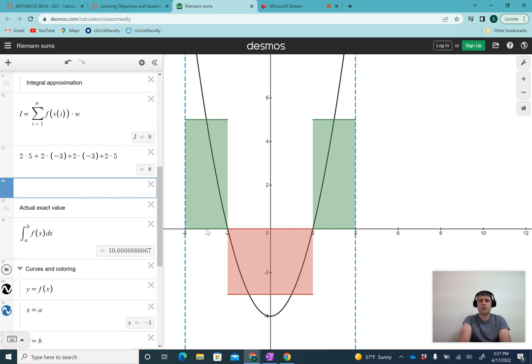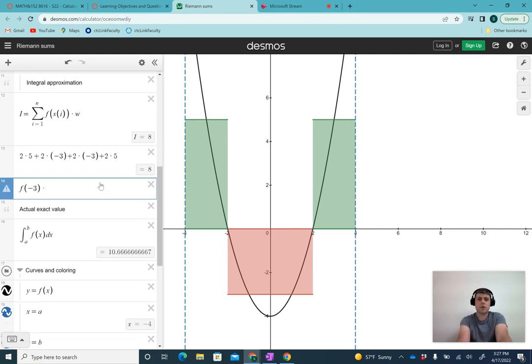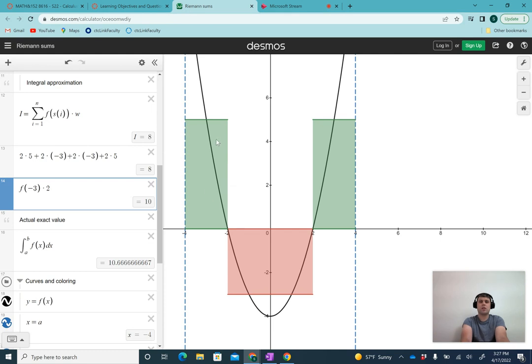For the first rectangle, how do you get 5? You plug -3 into the function, and that gives you 5. So f of -3 is 5. Then you multiply that by 2 to get the area of this rectangle, which is 10.